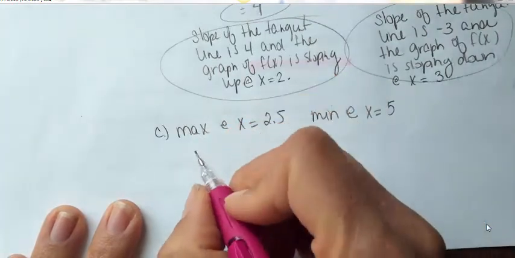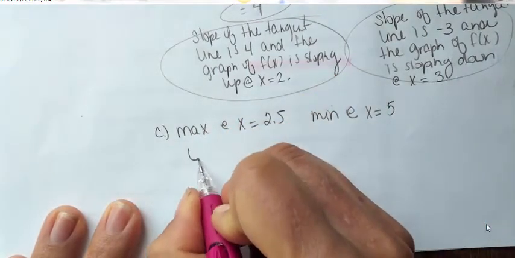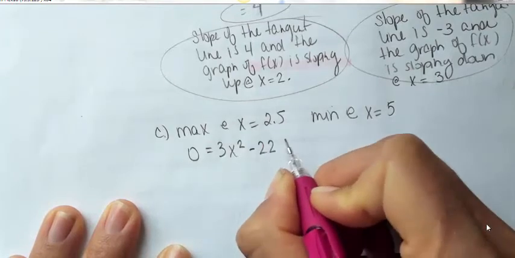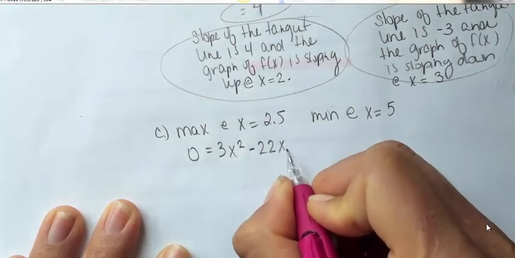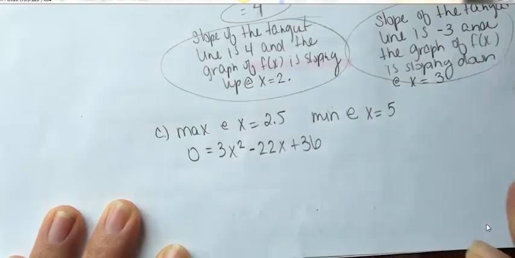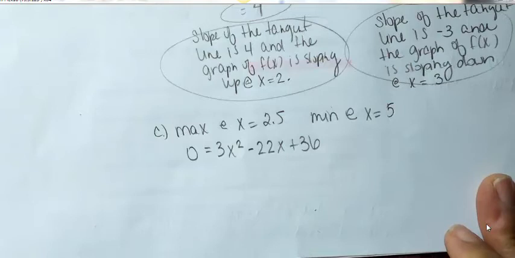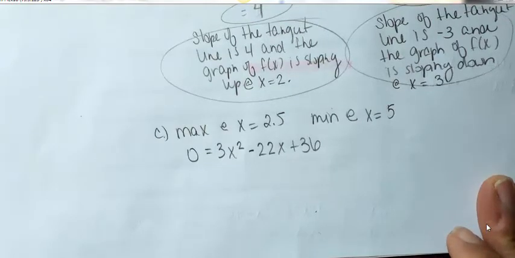Okay, so I'm going to take my function, set that equal to 0. So I have a quadratic here. My options for solving this quadratic algebraically would be the quadratic formula, and potentially I could do some factoring, but I don't think that's going to work because that's going to be 12 and 9.